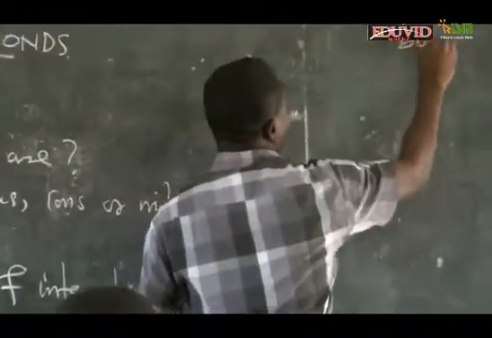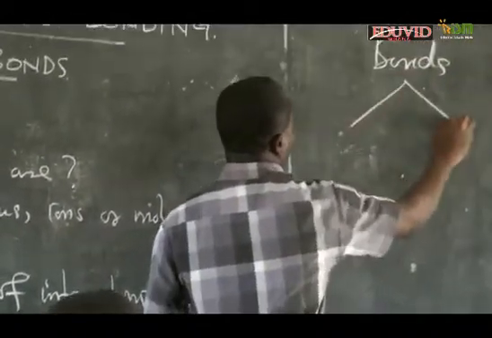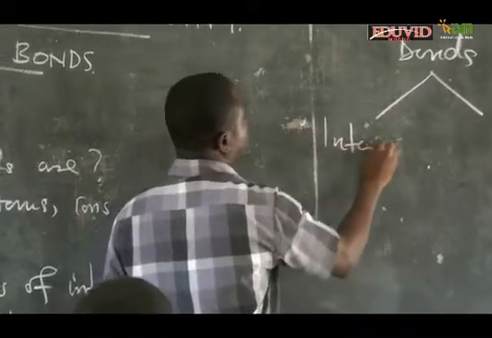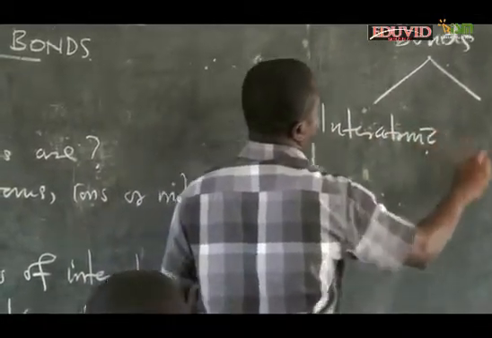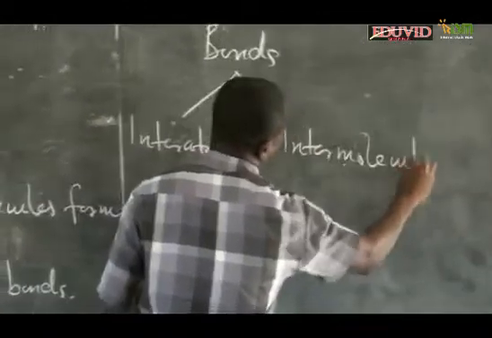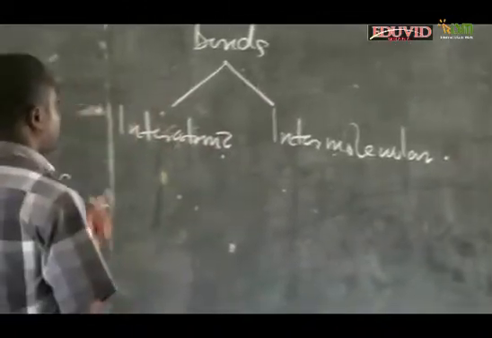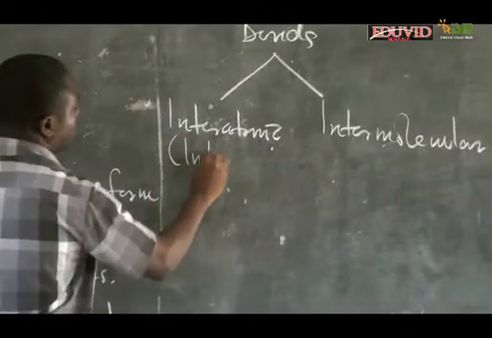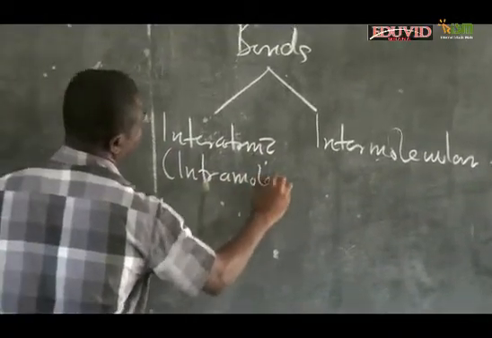So bonds can be grouped into two: interatomic bonds and intermolecular bonds. The interatomic bonds are also known as intramolecular bonds.